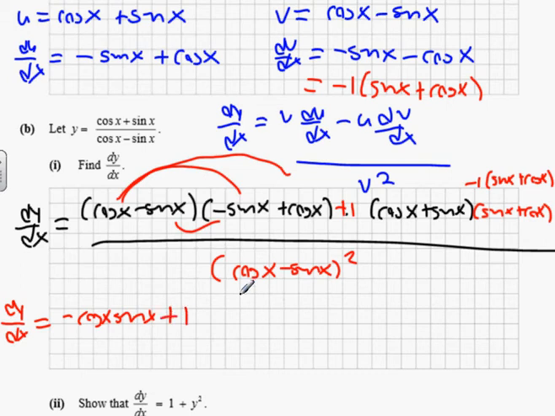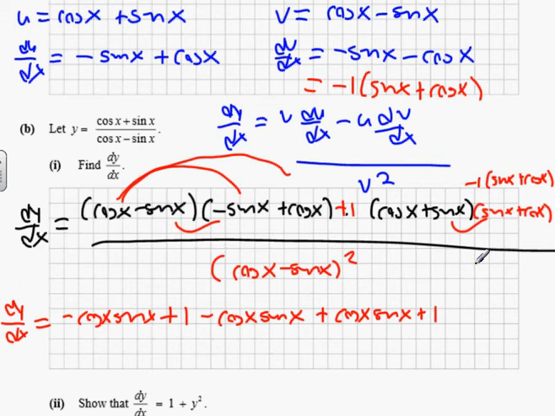And then what we're going to have next is minus sine x by plus cos x is minus cos x sine x. Okay, on the other side, we're going to have cos x by sine x is cos x sine x. We're going to have a cos x by cos x is cos squared x. We're going to have sine x by sine x is plus sine squared x. And once again, that is going to turn into 1.